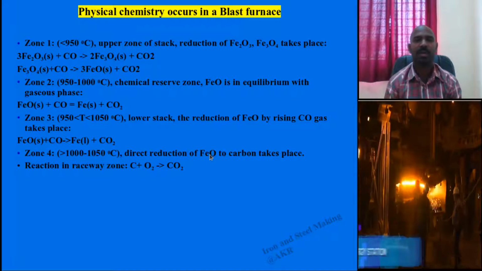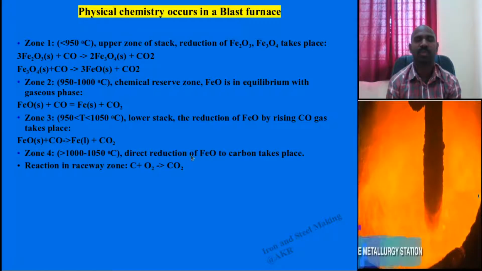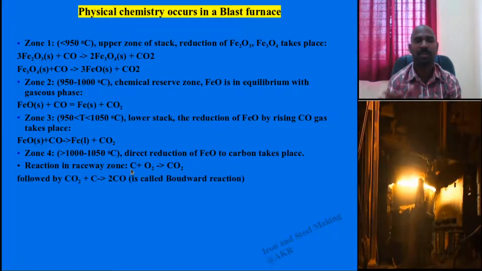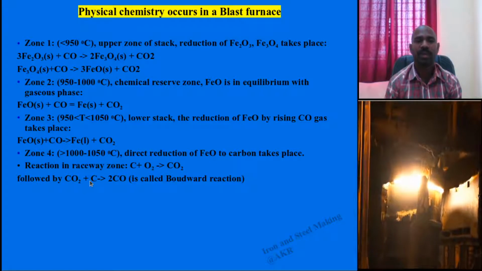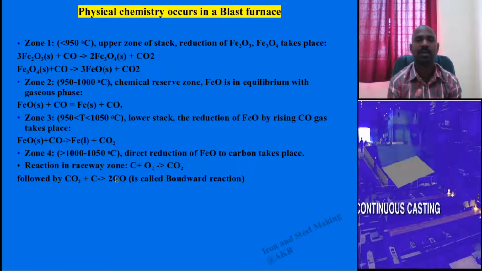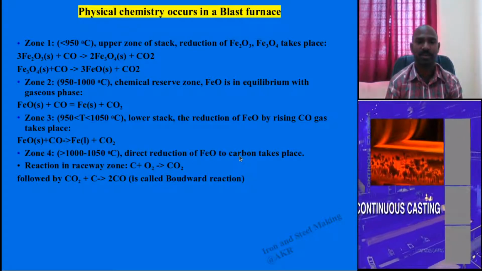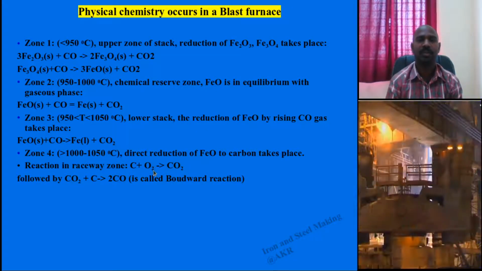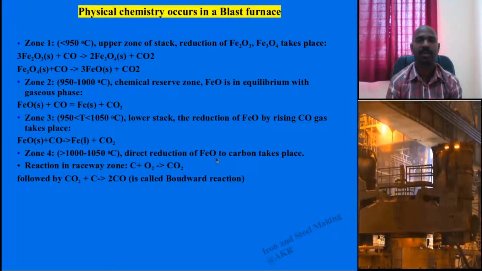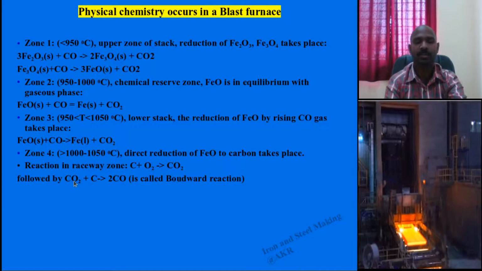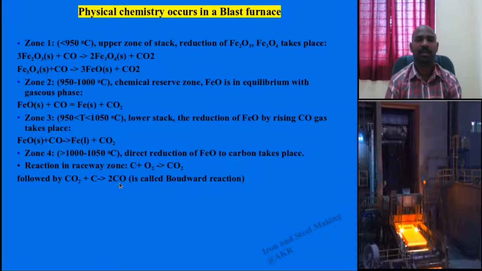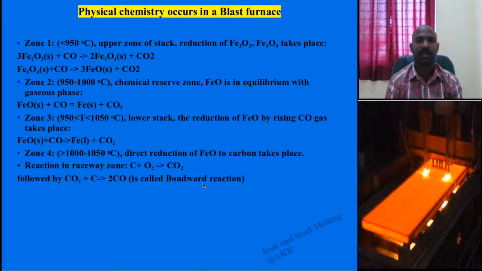FeO is a form of slag, and slag reacts with the C, and CO2 with the C also takes place in zone 4: FeO with C, and C with oxygen. These reactions are called direct reduction reactions, and finally it gives CO, which is called the Boudouard reaction.